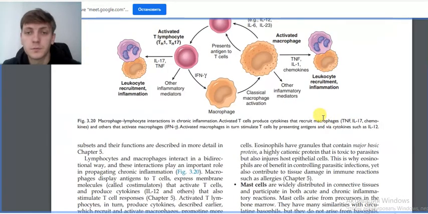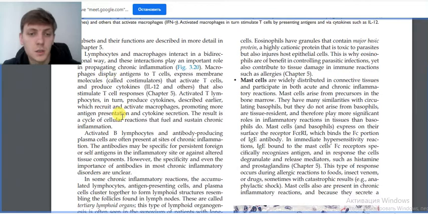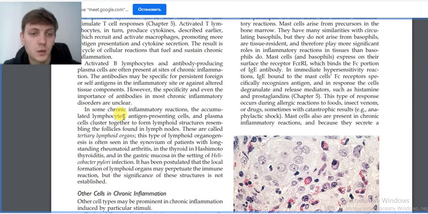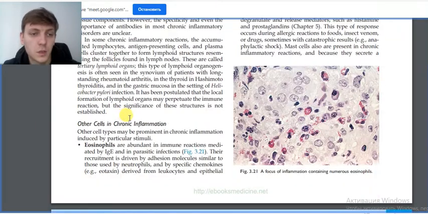Okay, so let's skip it a little bit. Other cells of chronic inflammation include eosinophils. As I noticed before, they are abundant in immune reactions mediated by IgE and in parasitic infection. IgE mediated immune reactions are notably allergic reactions, and eosinophils are active in this part.